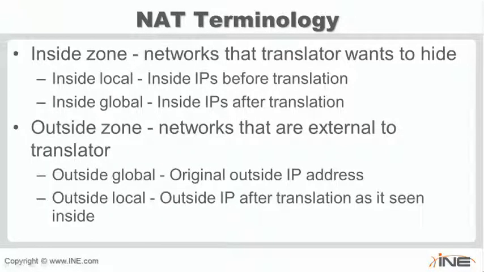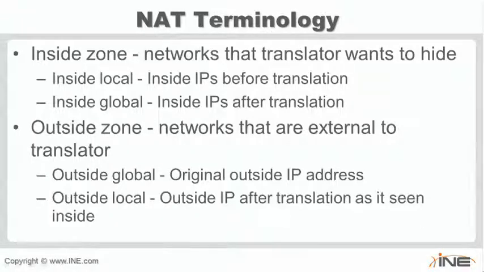The key point being here that inside means that it's part of our own network, where local is the locally significant addressing, like the RFC 1918s, and global is going to be globally significant to everyone. So typically inside local is our private addresses, inside global is our public addresses.